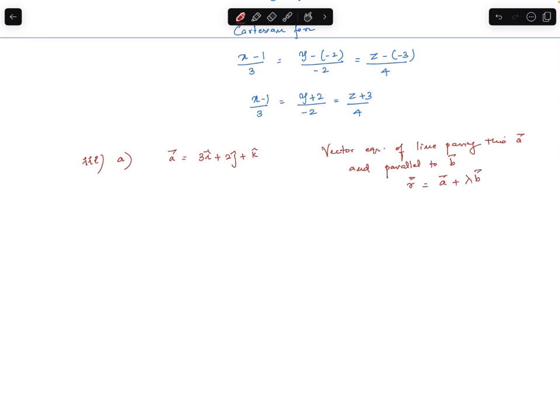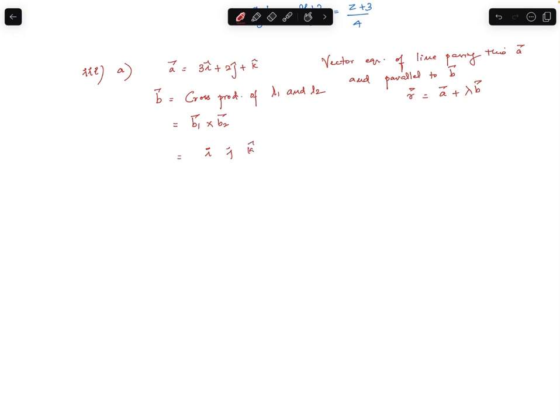The pathway is perpendicular to both L1 and L2, which implies that it is parallel to the cross product of b1 and b2. The b vector is equal to the cross product of the lines L1 and L2, that is b1 cross b2.